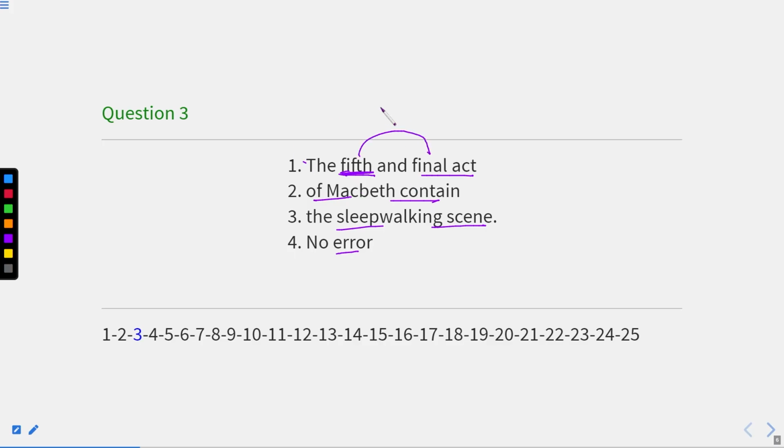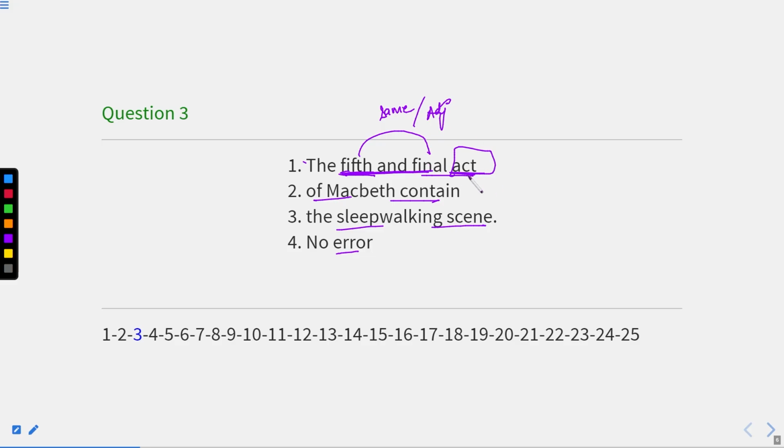So this fifth and final are the same. Okay, it means the act which is the final act is actually the fifth act of the novel. So this fifth and final act, it means this is only one act we are talking about. So this act is actually singular, where this fifth and final are adjectives.